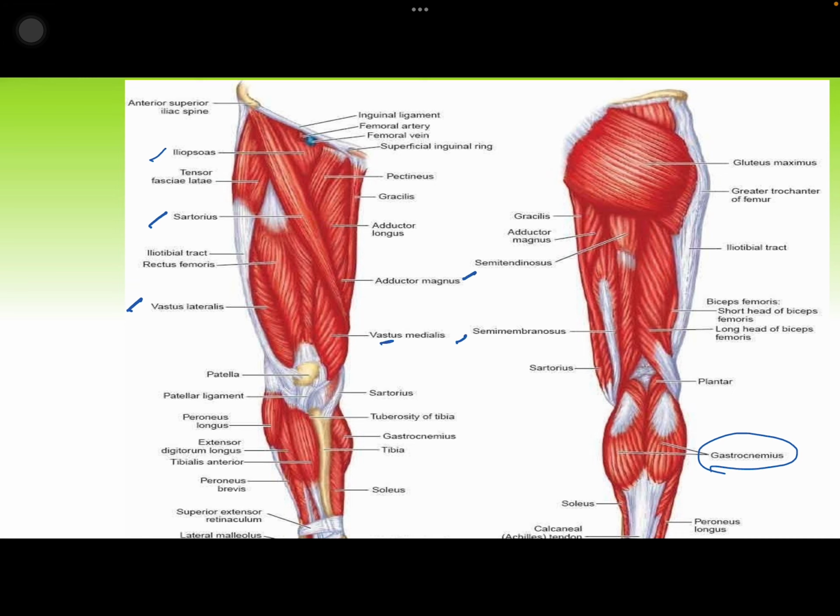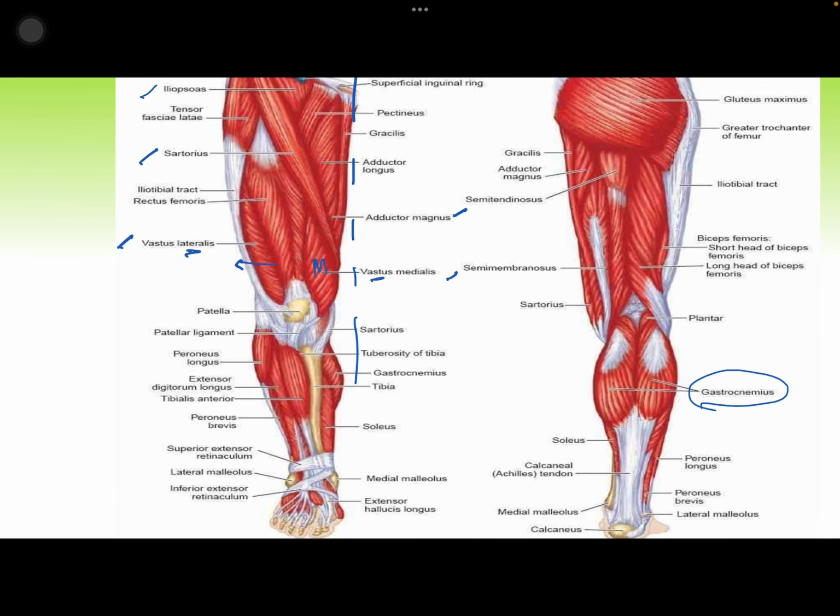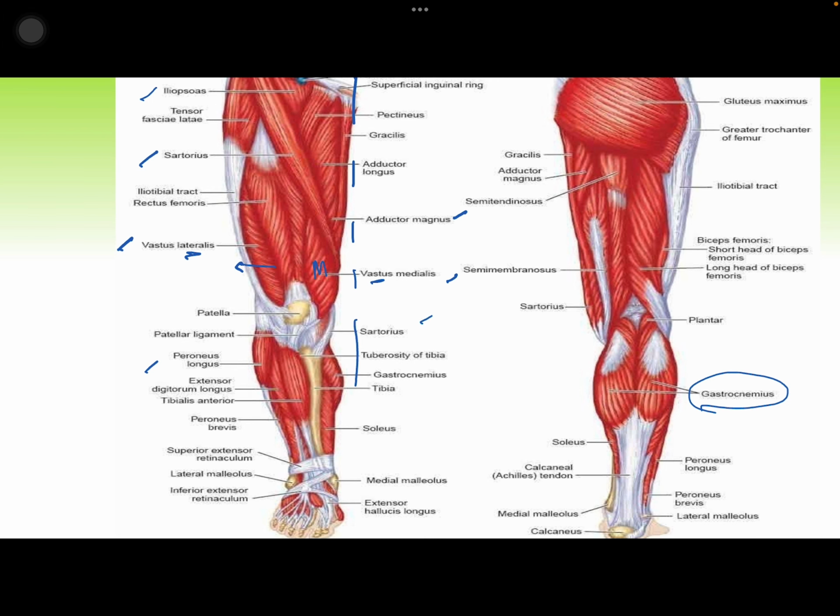As vastus medialis is located toward the midline, it is of course medial. And your vastus lateralis is away from the midline. That is why it's called vastus lateralis. You have your peroneus longus, the sartorius, the gastrocnemius, the tibialis anterior, your soleus. The gastrocnemius, siya known as pusog-pusugan in layman's terms.